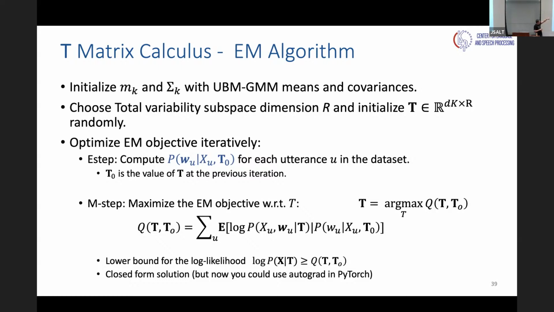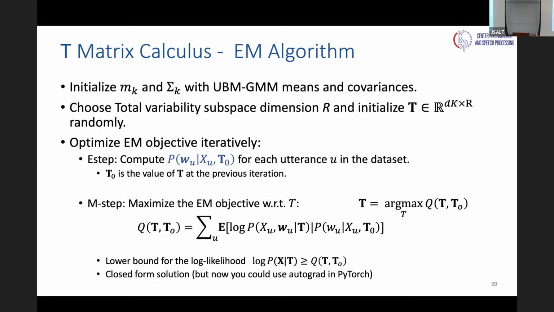You randomly initialize T, and then you iterate to estimate T. So basically, you compute the I vector posterior given the value of T in the current iteration, so you get the I vector posterior for each utterance in the dataset, and then you use this I vector posterior to calculate the expectation maximization objective.